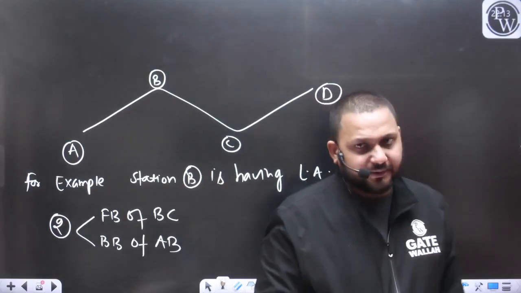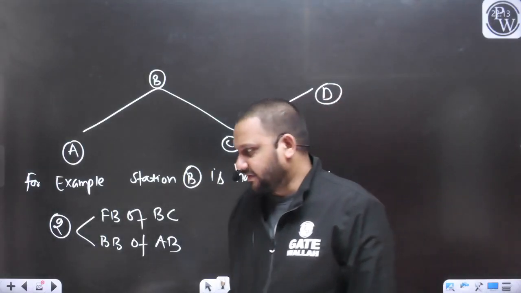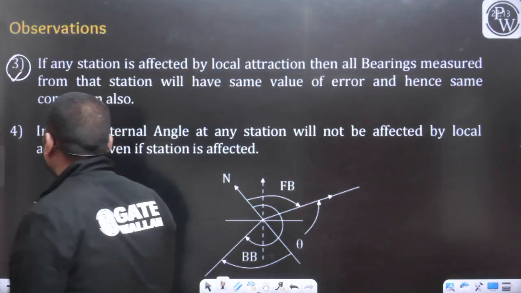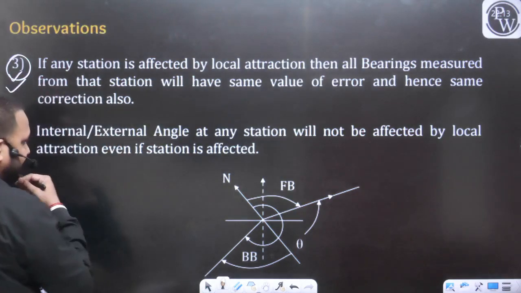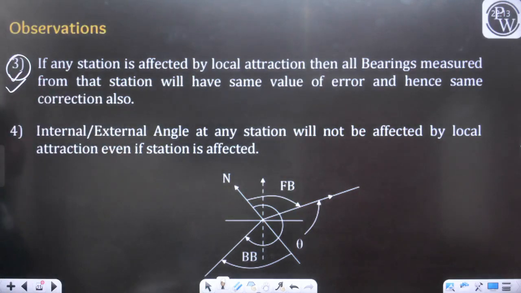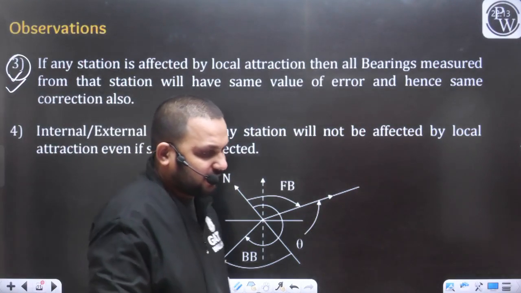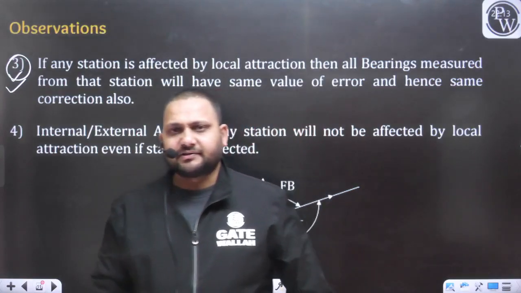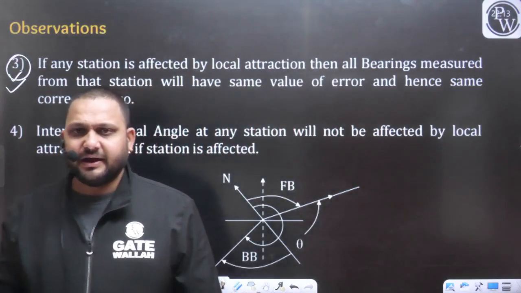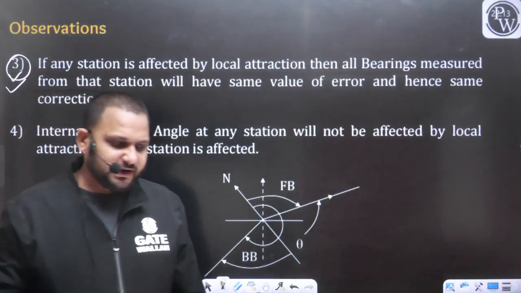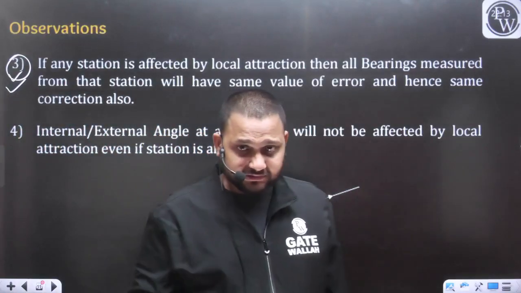Is this observation clear to everyone? If any station is affected by local attraction, both the readings are going to have the same error, and for both readings we need to apply the same correction.